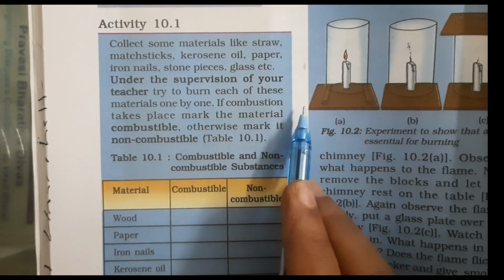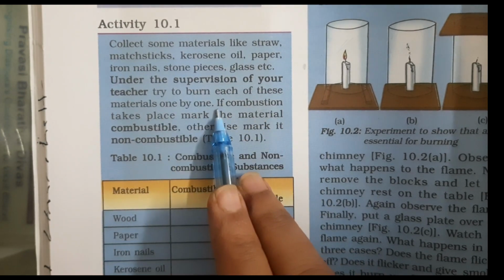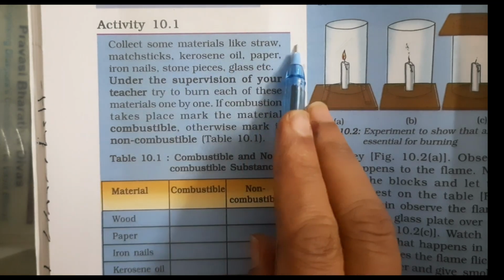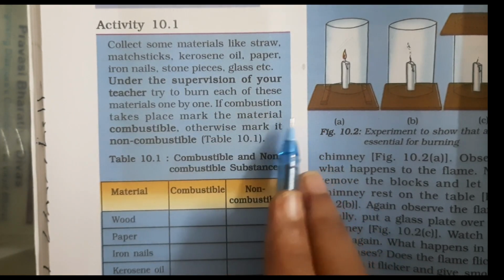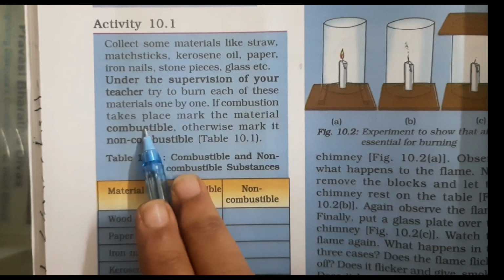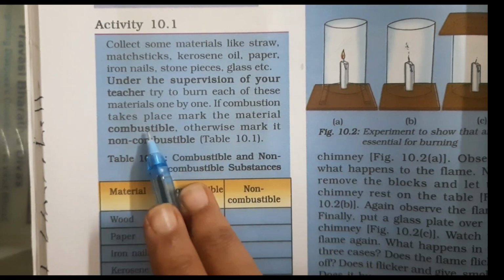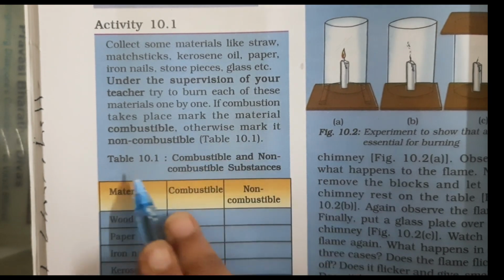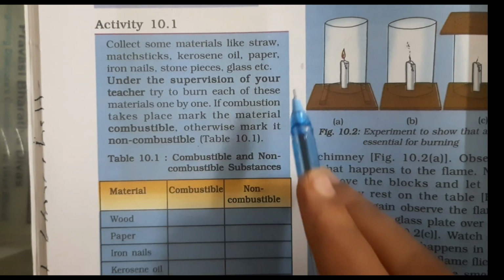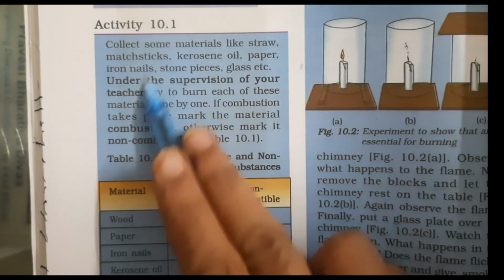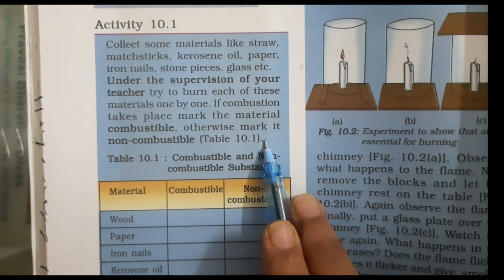Try to burn each of these materials one by one. So we are burning matchstick, straw, kerosene oil, paper, each one by one. If combustion takes place, mark the material combustible, and if they are not burning, we'll mark them non-combustible. So this is an activity to find out whether the substance is combustible or not.